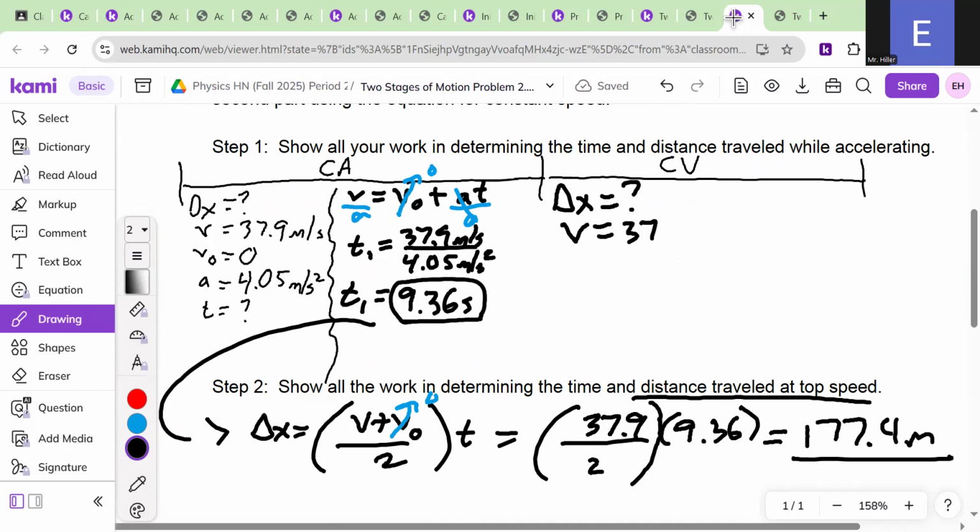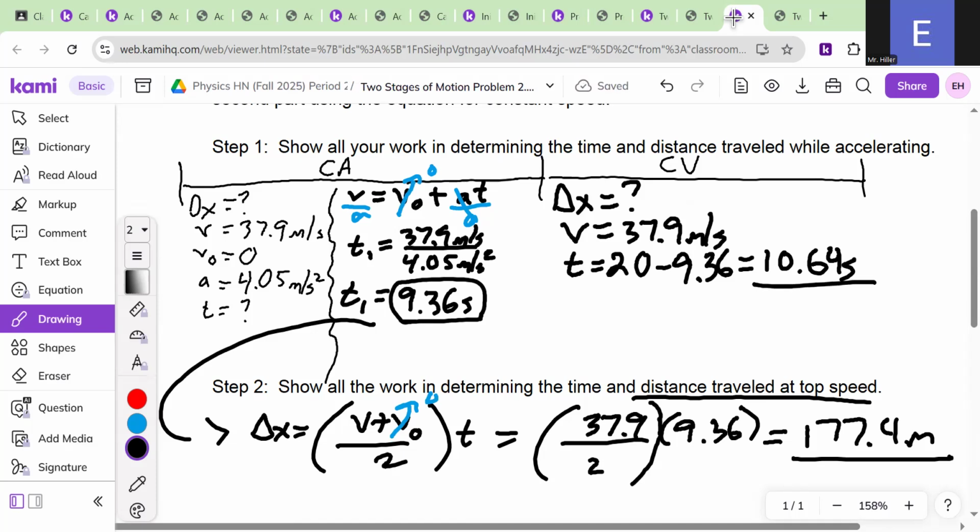So that's 37.9 in my case. Figure out yours. And the time, well, guys, that's going to be 20 seconds minus what you got. Remember, it's running for a total of 20 seconds. So just go 20 minus the time you got for part 1. In my case, that's 10.64 seconds.